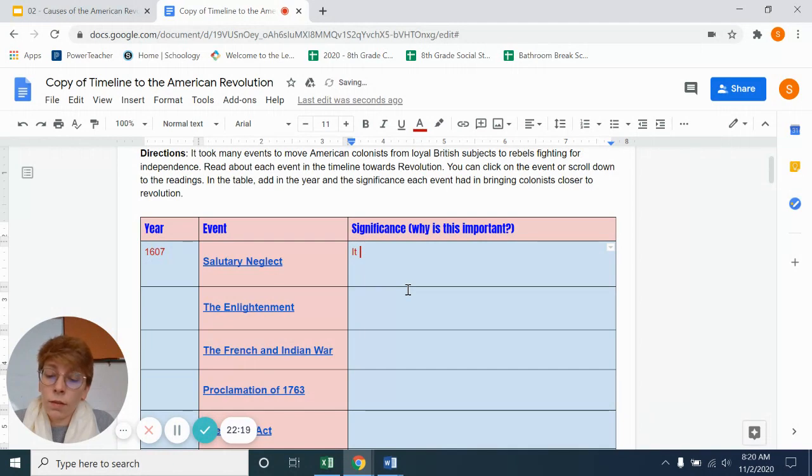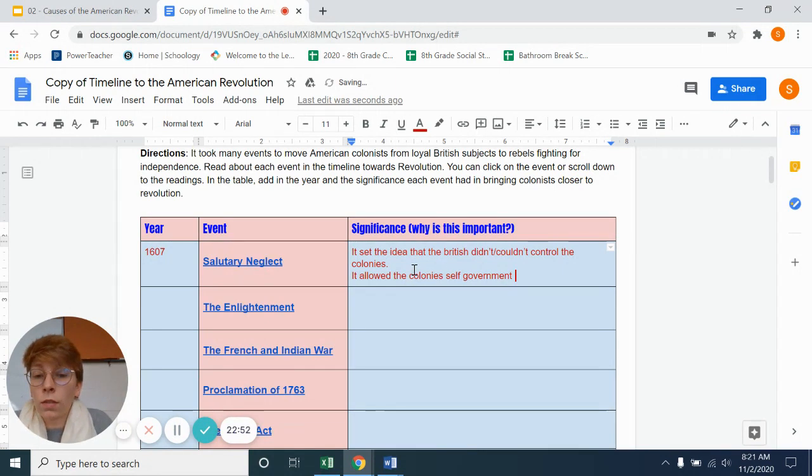it set the idea, right, that the British didn't or couldn't control that, or you could say it allowed the colonies self-government.